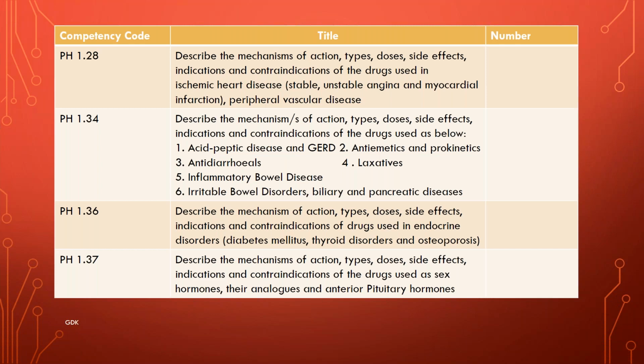Now these must appear as three different competencies because the components are different, objectives are different, and therefore teaching schedules will be entirely different in teaching-learning method. PH 1.37: pituitary hormones and sex hormones. It could have been possible to include pituitary hormones with diabetes, thyroid, osteoporosis, or pituitary hormones could be a separate component or sub-competency. So this must be done. Sex hormones could have been included with contraception.